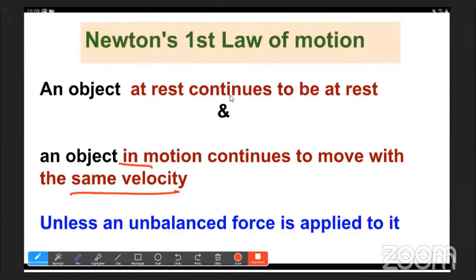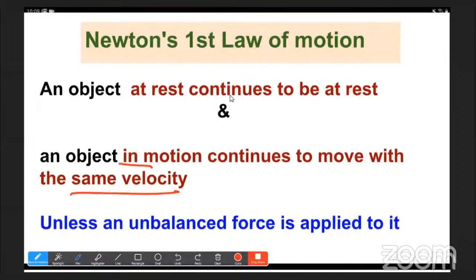Okay? So here, an object at rest continues to be at rest. An object in motion continues to move with the same velocity unless an unbalanced force is applied to it.